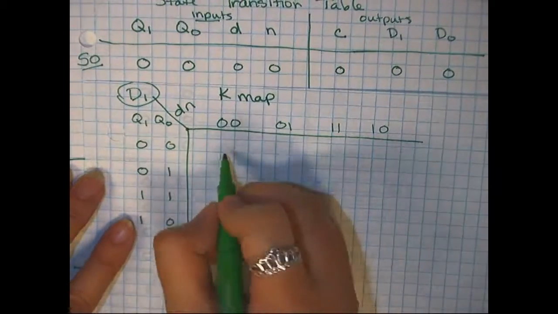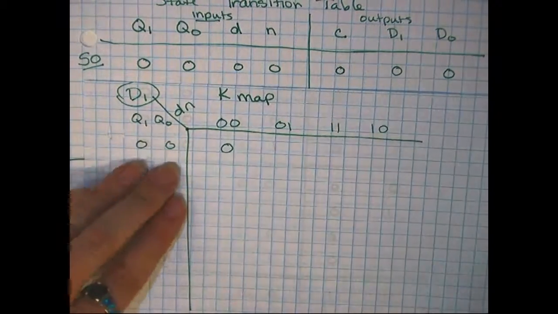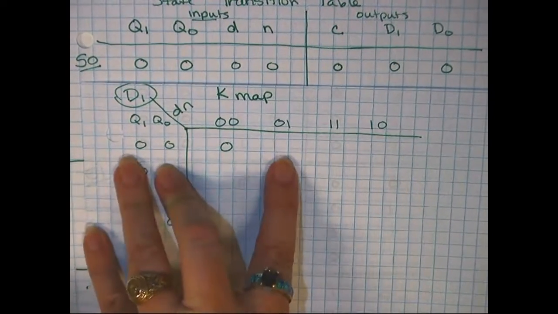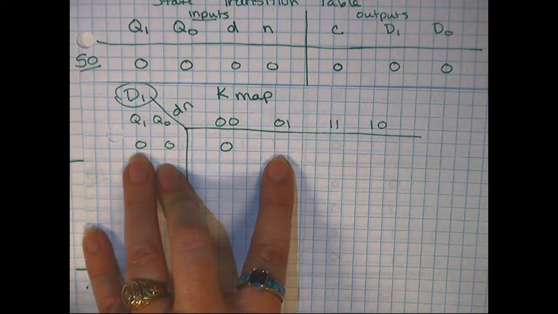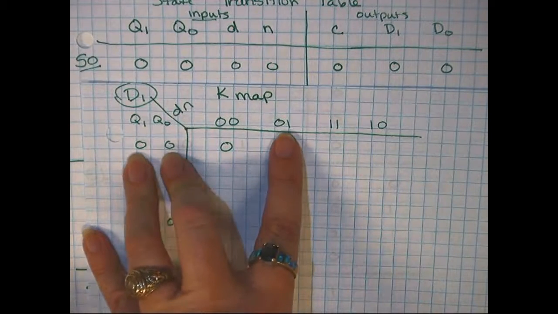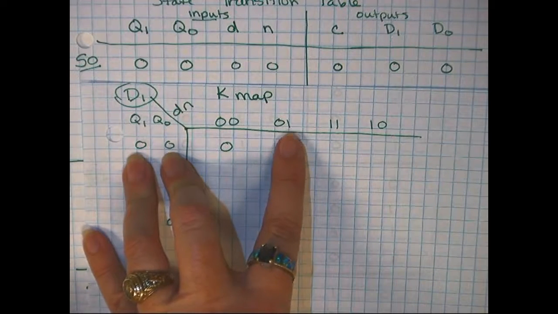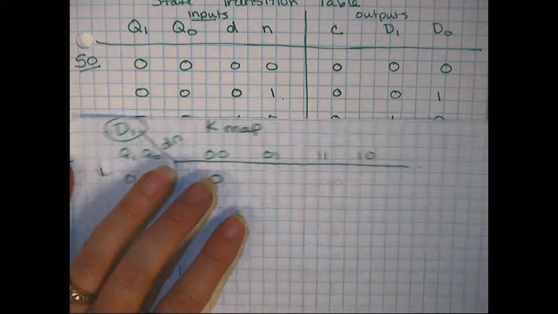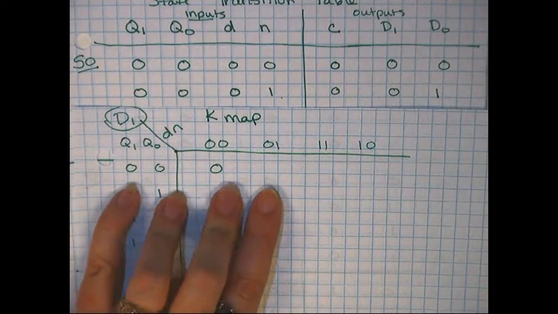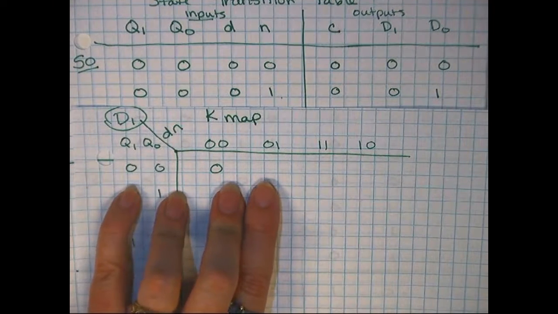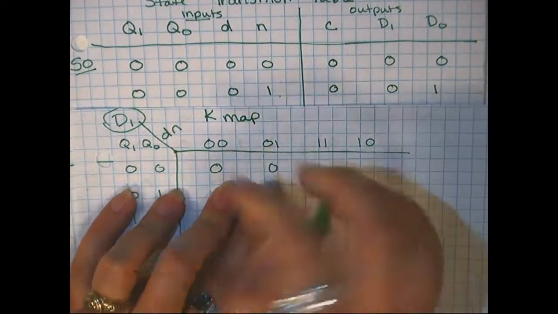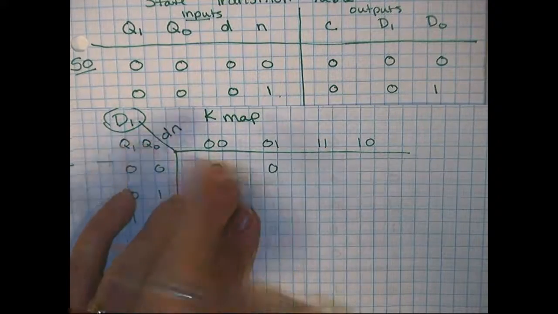Here. I'm going to go across here. So now, at 0, 0, dimes are 0 and nickels are 1, that's our next row down. What is D1? 0. Remember, we're looking at D1 each time.